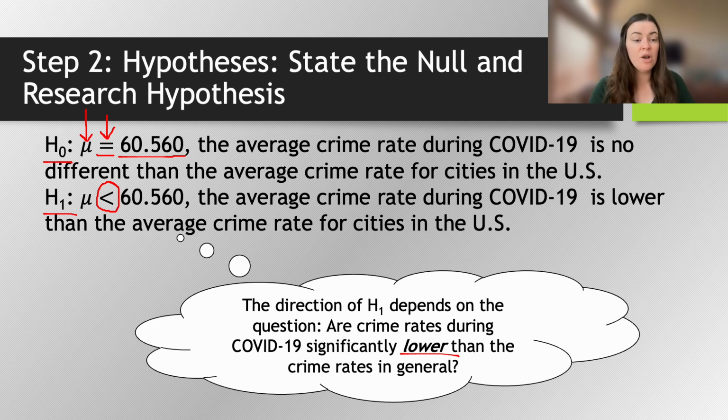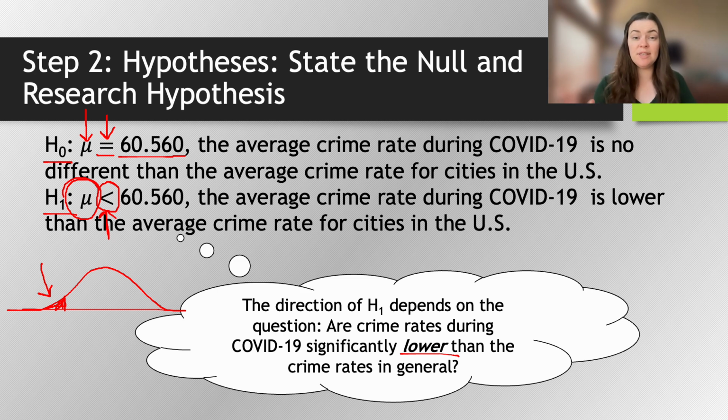And because of that, we are using the less than symbol here because what we're testing against is whether or not our sample is less than that population average of 60.560. And so in terms of our normal distribution, the only end we care about is here. It's a one-tailed test, and we only care about the negative end of the distribution.